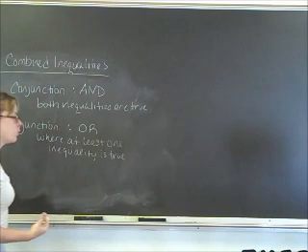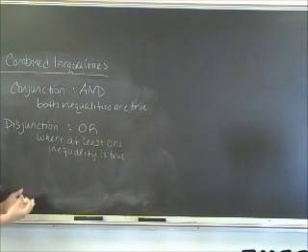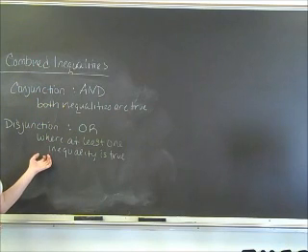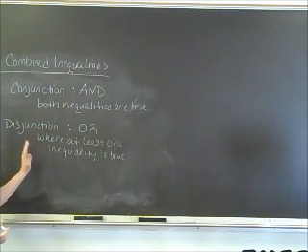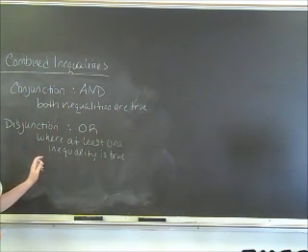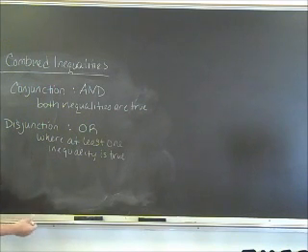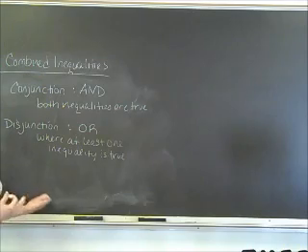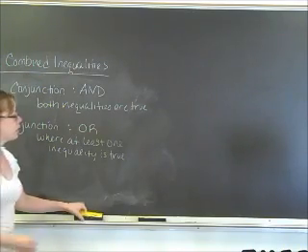Notice that I wrote the words at least one, because in a disjunction we don't care if they're both true. That doesn't bother us at all, but we care that at least one of the two inequalities is true. Okay? So really the most important thing is to see some examples of them.